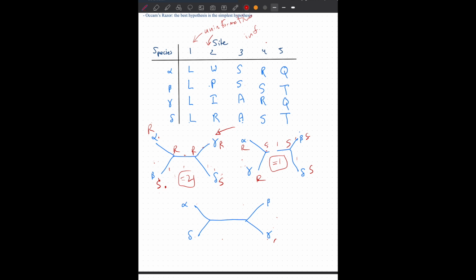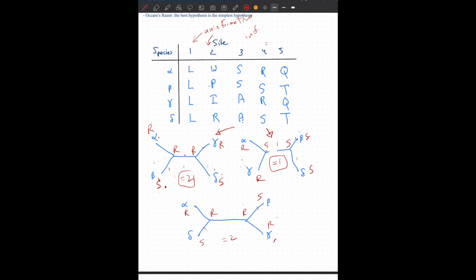And so site 4 is looking pretty good. Down here, this guy is R, S, R, S, and we know that we're not going to do any better than 2, right? So this site here favors this tree. So site 3 favors this guy, but site 4 favors this guy.